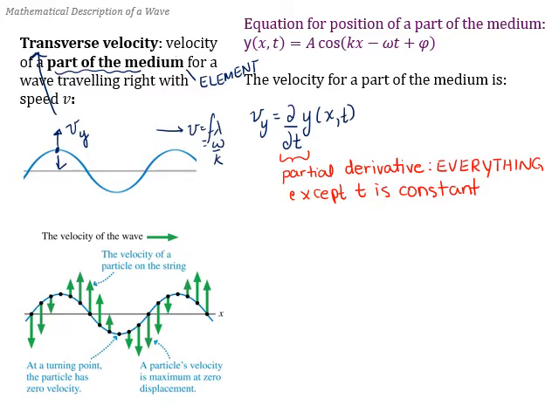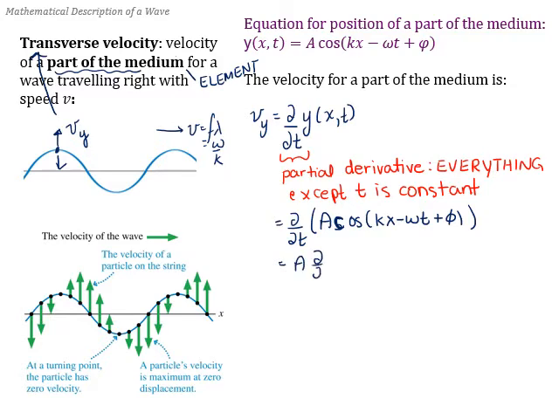So let's see how exactly it is that we do that. We're taking the derivative of y, which is A times cosine of kx minus omega t plus the phase constant phi. All right, in derivatives, our constants can come out front. So A comes right out front.